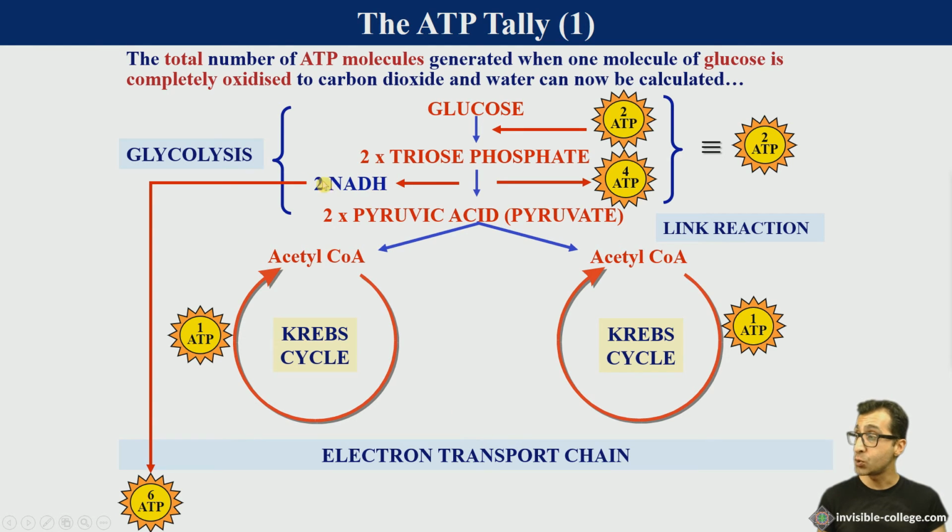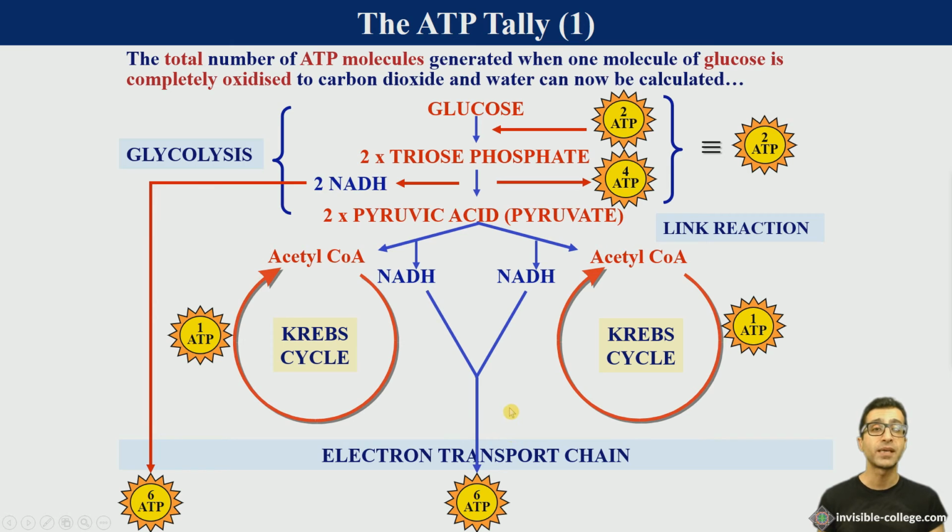So the two NADH molecules, remember each NADH molecule when it enters the electron transport chain ultimately generates 3 molecules of ATP, therefore 2 NADH molecules formed by glycolysis of 1 glucose molecule will generate 6 ATP via the electron transport chain. But in the link reaction we're also producing 1 NADH molecule for every molecule of acetyl-CoA we're producing. So each one of these also enters the electron transport chain, giving another 6 ATP.